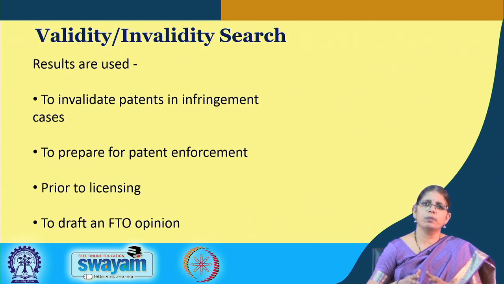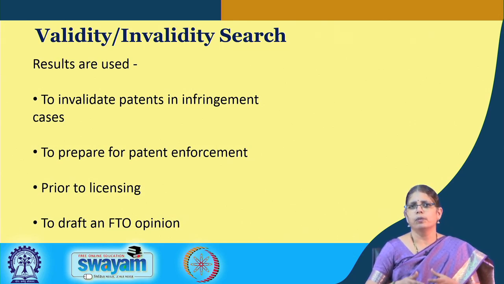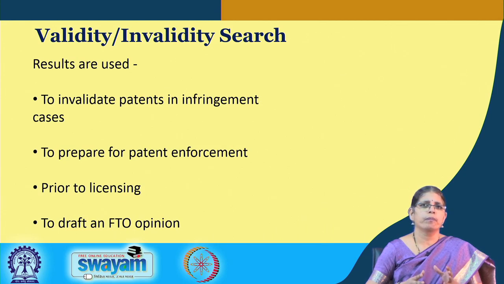So, it is possible that one defendant takes up, let us say, an IPR proceeding at the patent office, whereas the co-defendant is looking at the outcome of this to now launch a separate litigation in the court. So, it opens up a plethora of possibilities, and therefore, planning into the entire scenario of patent infringement is itself a very important aspect where you see the value of the validity searches.